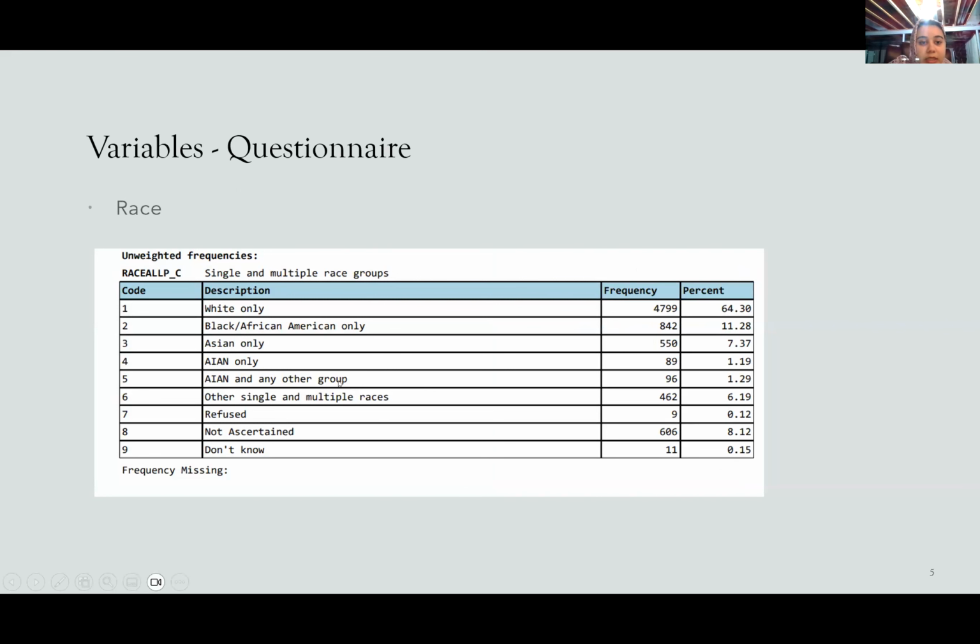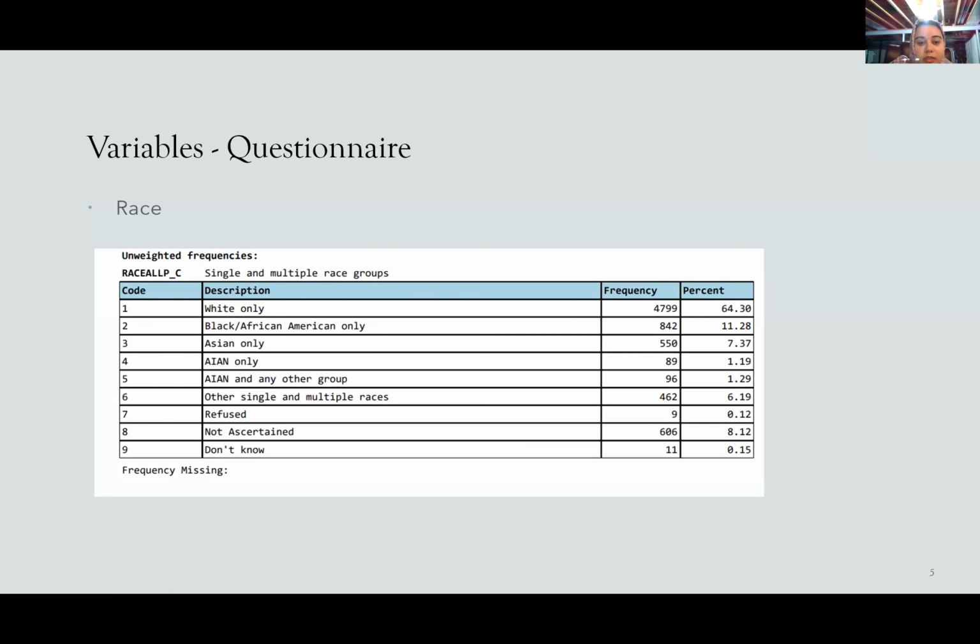So looking at our variables, the first one I have here is the questionnaire for race, and the options that you would select from. The first one is white, second Black or African American only, Asian only, AIAN, which is American Indian, Alaskan Native, so indigenous peoples.